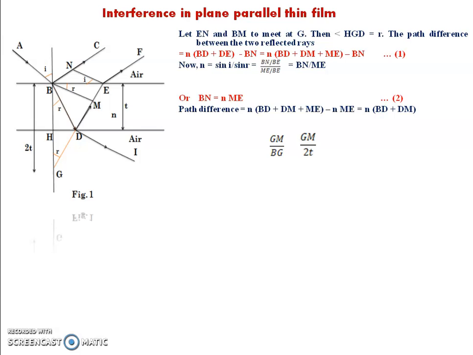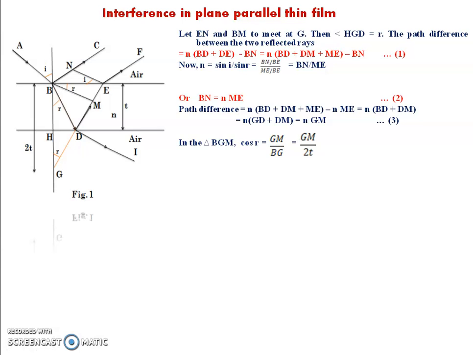Now the path difference N of BD plus DM plus ME minus N into ME can be written as N of BD plus DM, or N of GD plus DM, and we can write it as GM, because GM is nothing but GD plus DM. Let this be equation number 3.